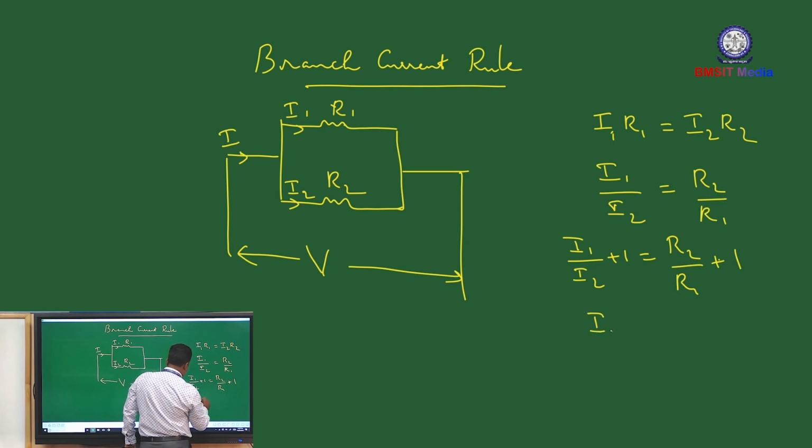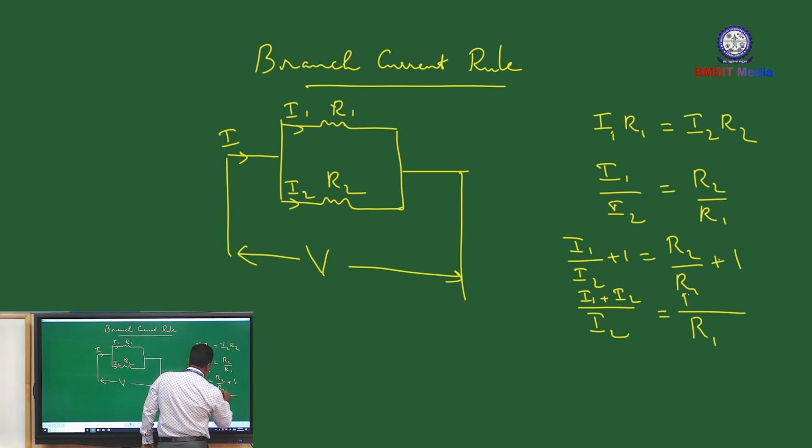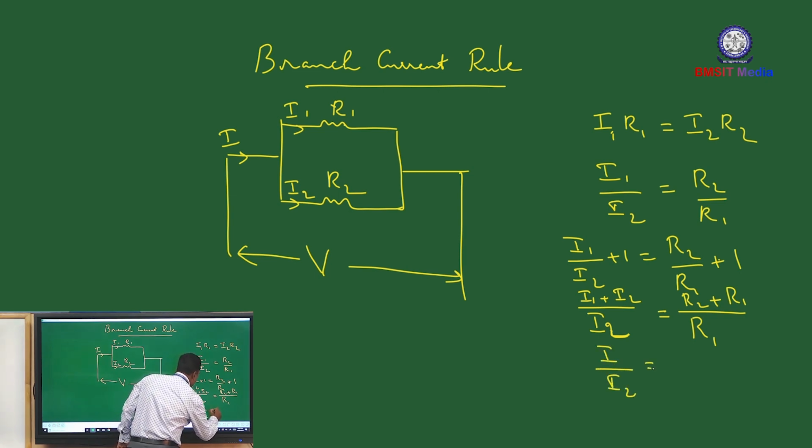So if you take I2, you get I1 plus I2 by I2, which is equal to R2 plus R1 divided by R1. So I by I2 is equal to R1 plus R2 divided by R1.